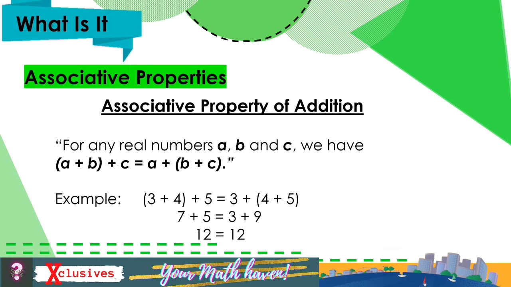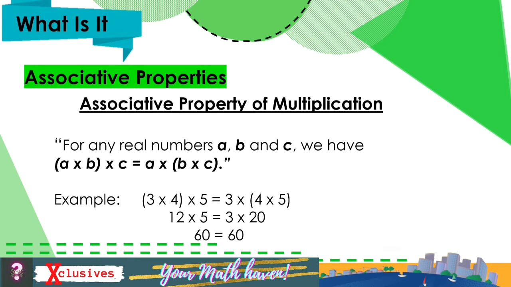We also have what we call the associative property of multiplication, which states for any real numbers a, b, and c, we have the product of a and b times c is just the same with a times the product of b and c.